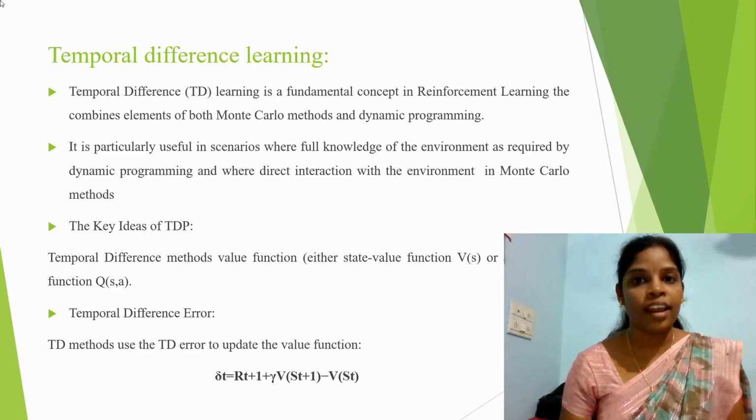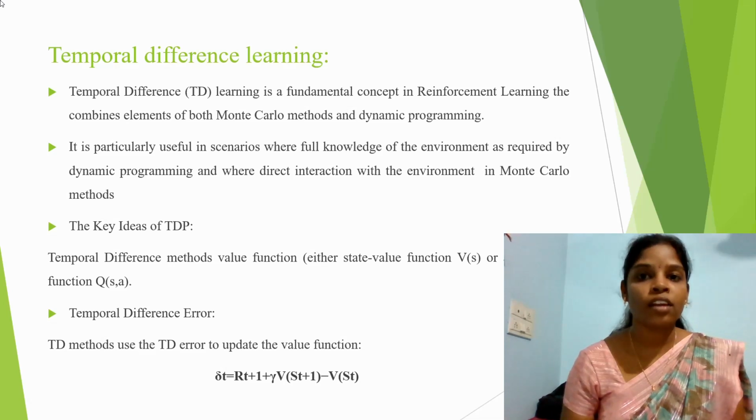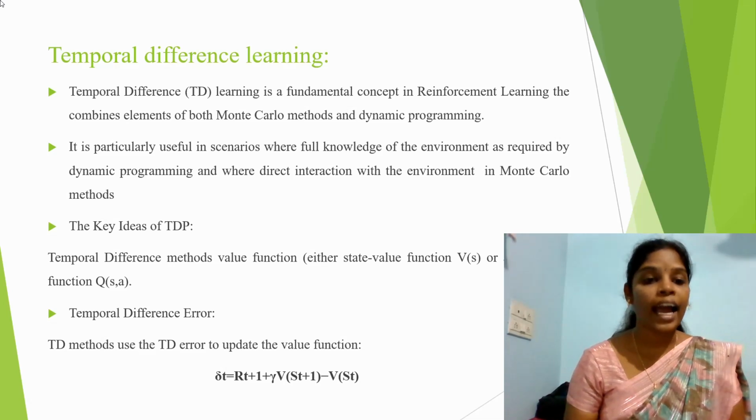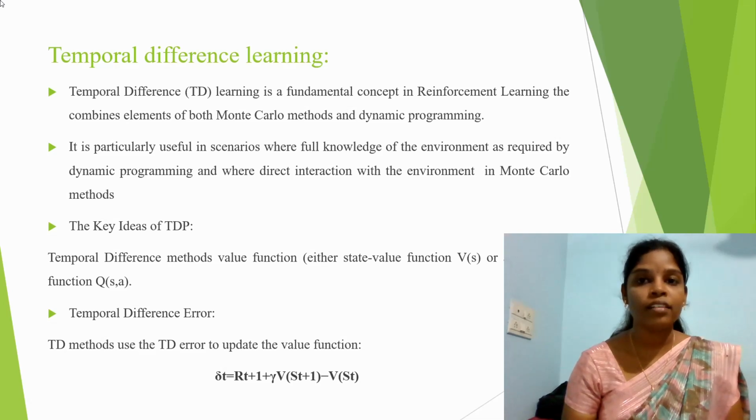State, action, and environment: these three come under the Monte-Carlo control method. So what are the ideas, and what are the methods to estimate the value function of each state and each state-action pair?